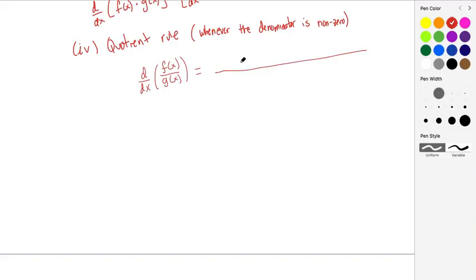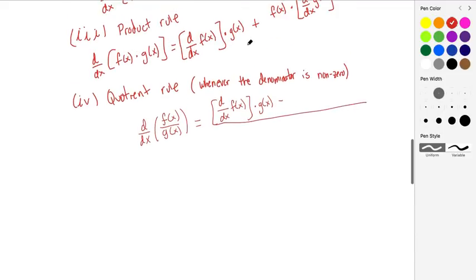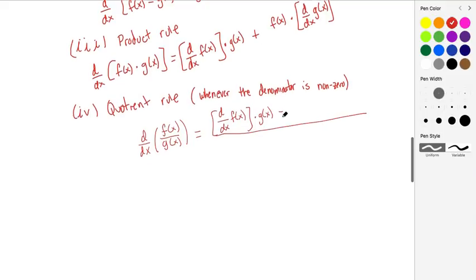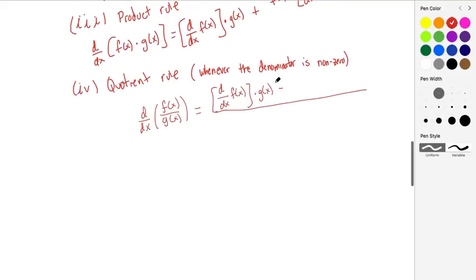What we have is, again, the derivative of the top, so you can consider that the first times the second, again, and then we subtract. Just pay attention to that, because before, when we did the product rule, that's addition. We're looking at subtraction for the quotient rule. And again, the derivative of the second times, well, that would be the first, but then this is the derivative of the second.